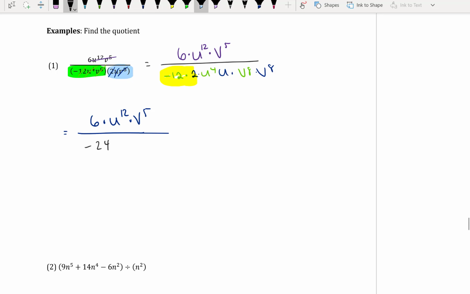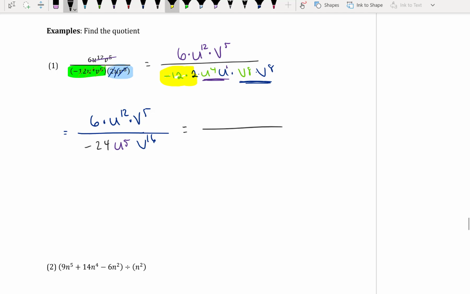Now I'm going to combine my u's together. So u to the 4th and u to the 1 is going to give me a u to the 5th power. And then I also have a v to the 8 and a v to the 8, so 8 plus 8 is going to give me a v to the 16.